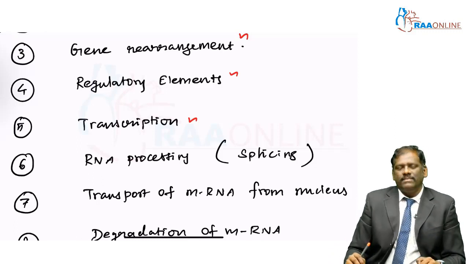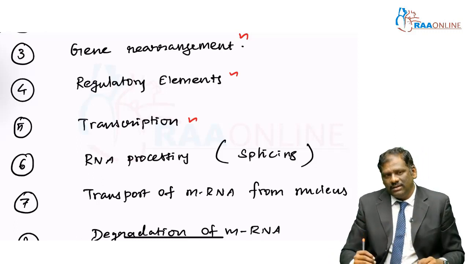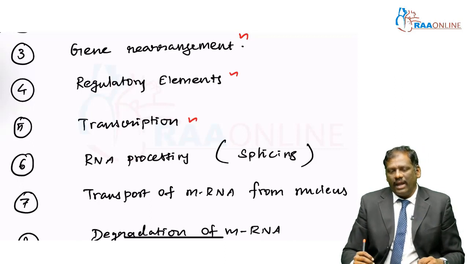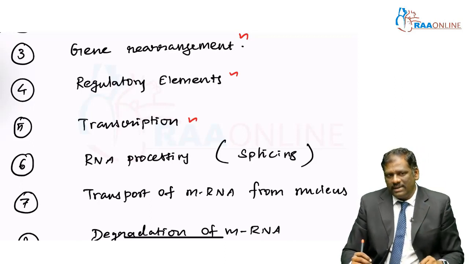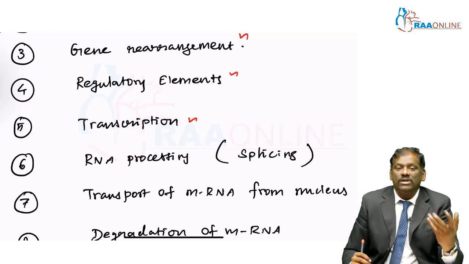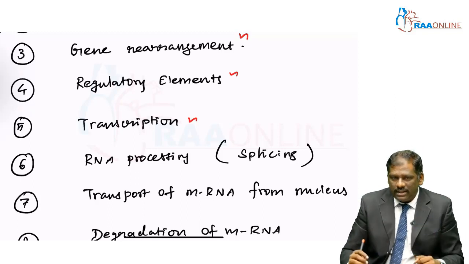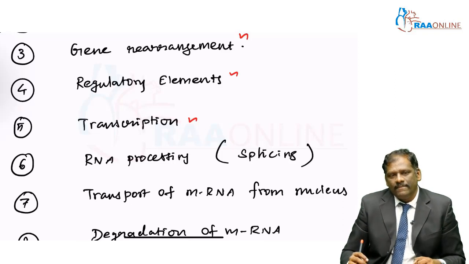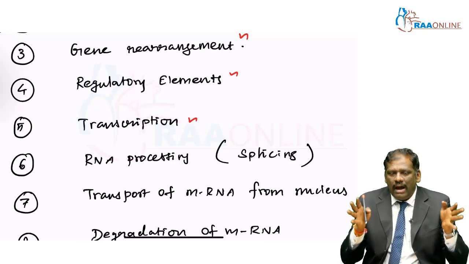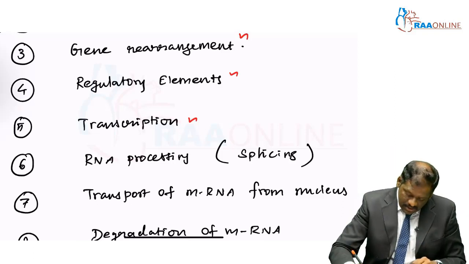And sometimes transcription will occur, but you need to express different kinds of proteins from the same mRNA. If the mRNA is polycistronic, this is done by splicing. This splicing comes under RNA processing.